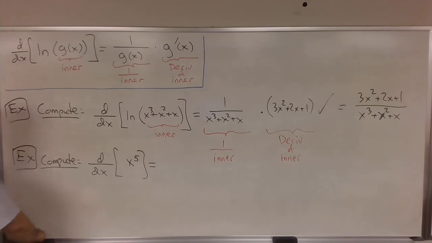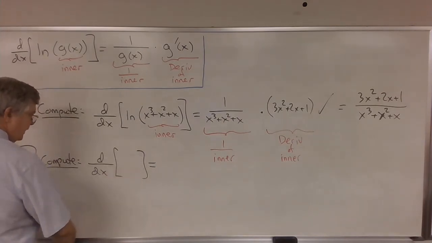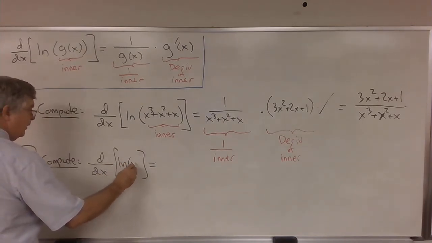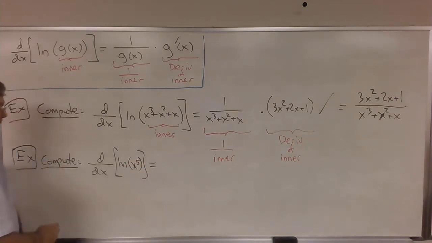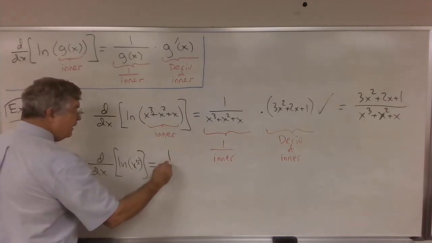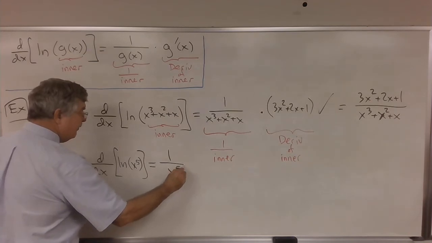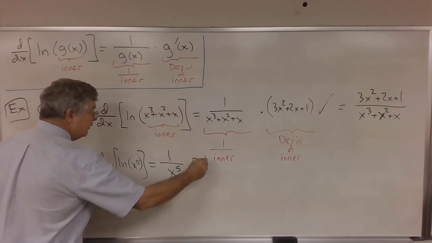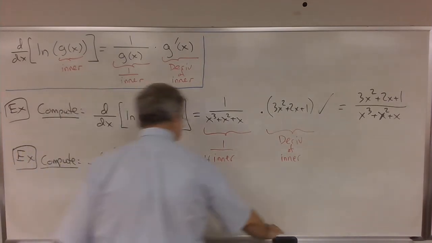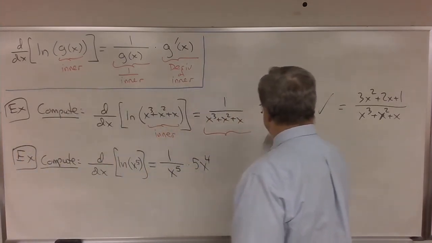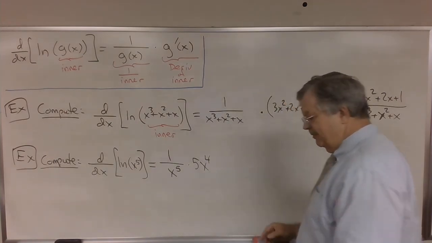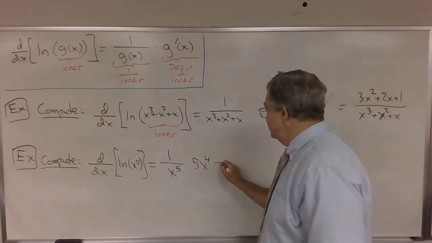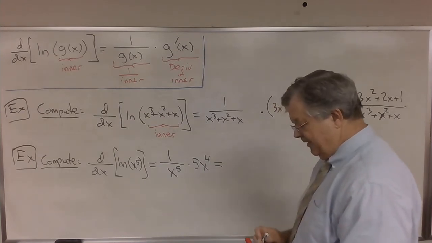Well, that's not a logarithm problem, is it? Silly me. Okay, there's a logarithm problem. And we're going to get 1 over the inner times derivative of the inner, and here this really does need to be simplified because it's pretty simple to simplify.